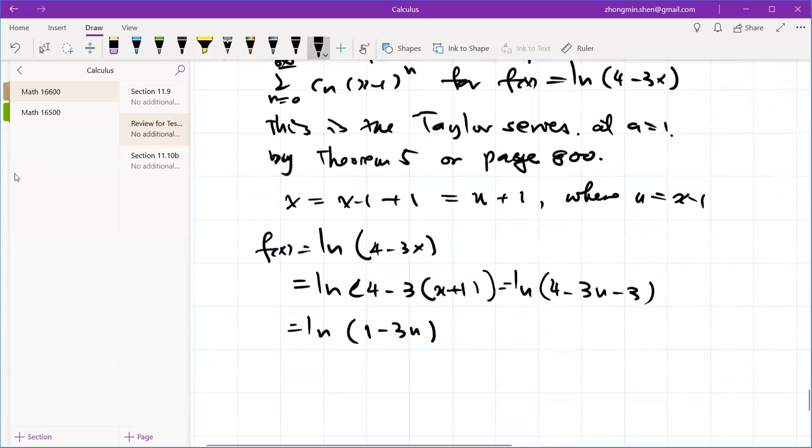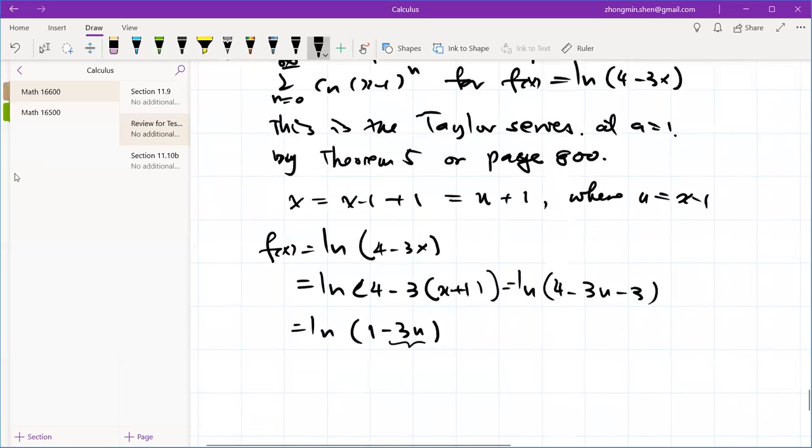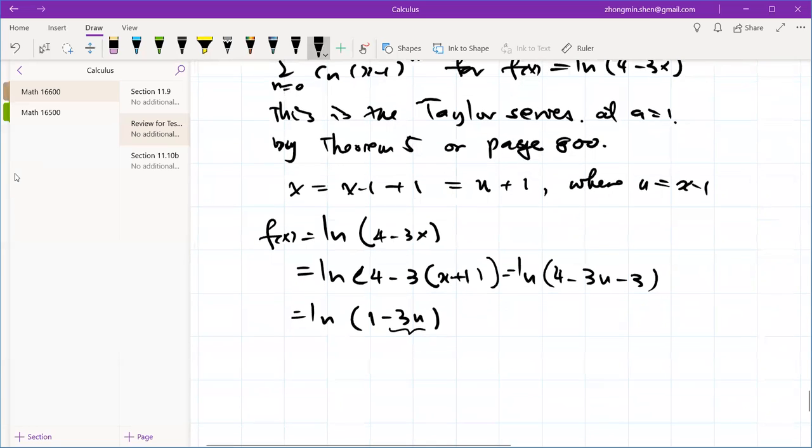So I'm going to use the above formula on page 808. The formula says that this is my x part.